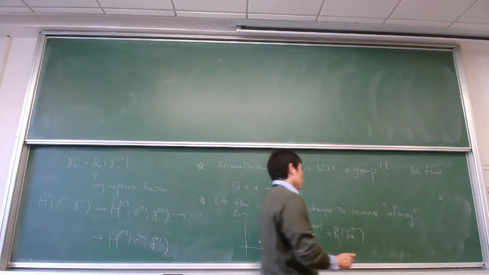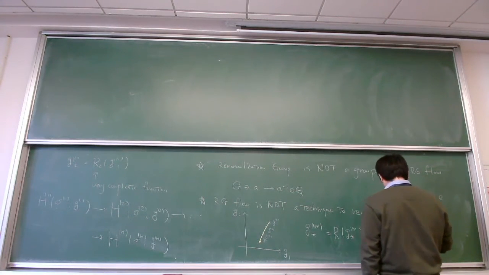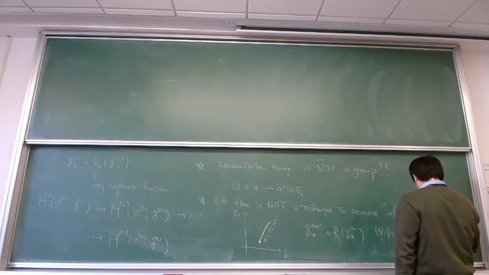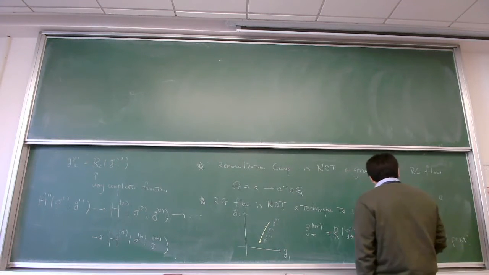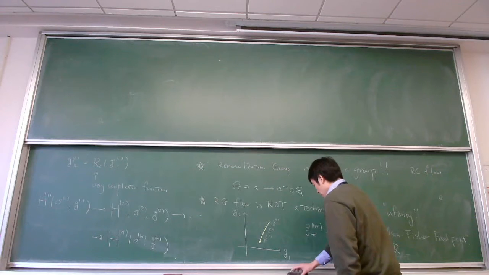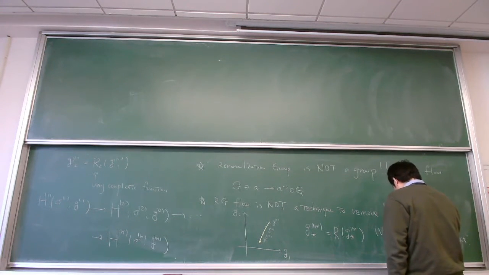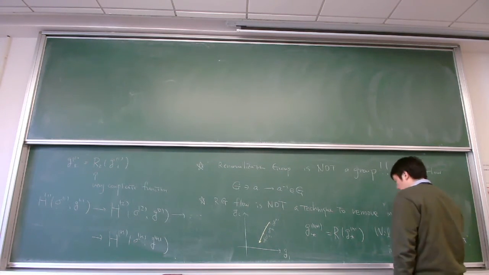Often it's called the Wilson-Fisher fixed point, or sometimes called the IR, infrared fixed point.